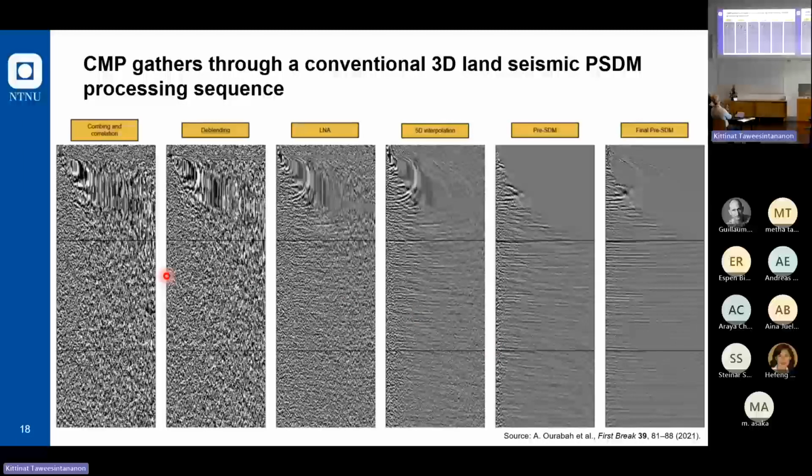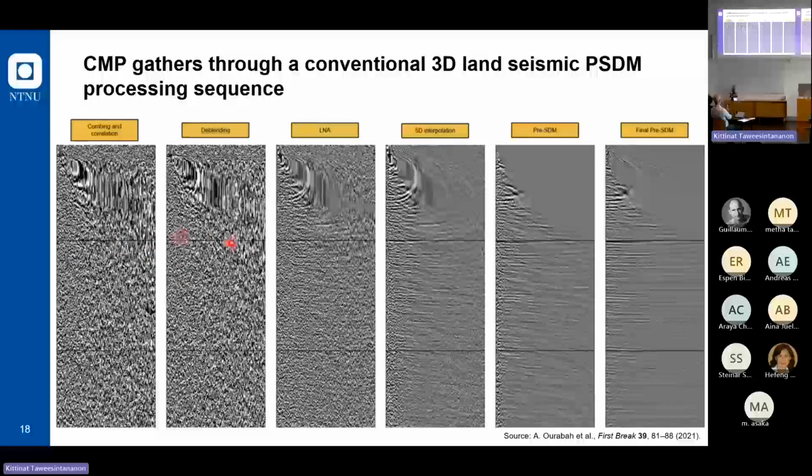In short, a conventional 3D land seismic stack depth migration processing sequence is like this. This shows just a few steps. First, you have the raw seismic data, and this one I think has already had normal moveout correction, which is a time delay correction, to try to flatten some reflection events.